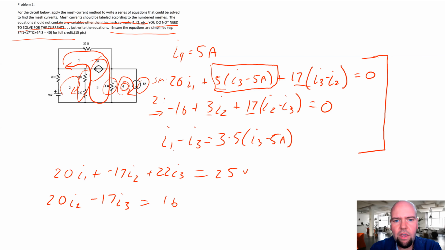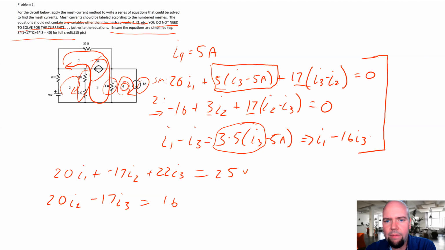Okay. And then for this equation, this one's a little weird because it's kind of stuff on both sides of the equation, so I might clean this up a little bit more here. So we have 15I3 on this side, so let's move that over to the other side. So we have I1 minus 1I3 minus 15I3, so minus 16I3 equals negative 5 times 15.